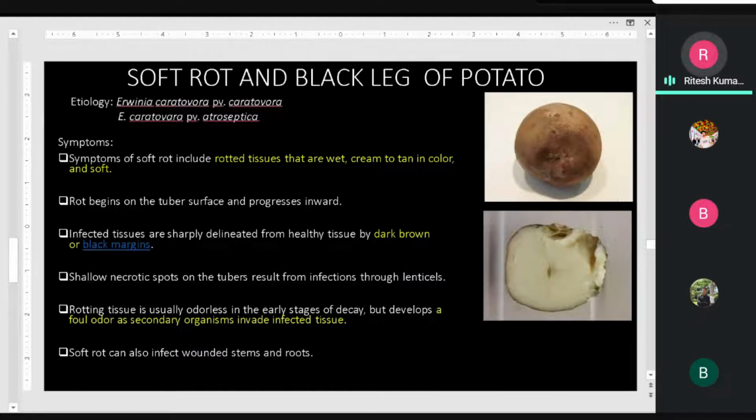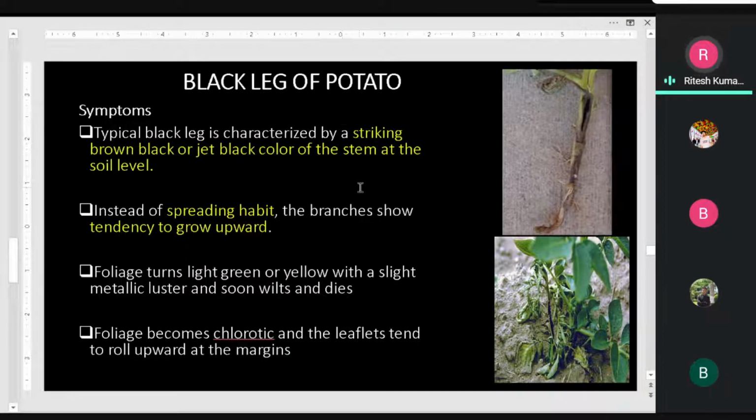The same bacteria, when the infection occurs early, or when they are favored by soil conditions, can generally occur from 16 to 35 degrees Celsius. They are favored by wet conditions. If soil conditions are very wet, black leg of potato may be seen.